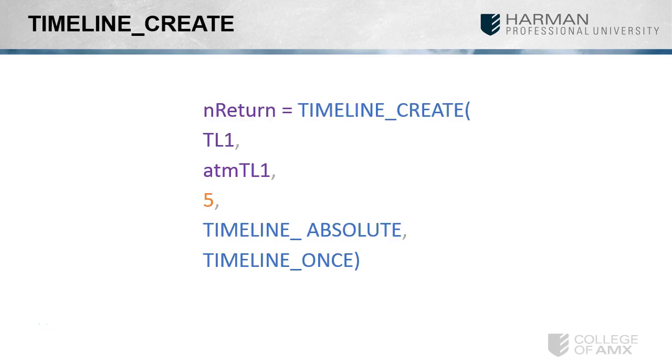The sequence of times required is passed into the timeline create function as an array of long values, with each value representing a time period in milliseconds that is either absolute from the start time of the timeline or relative to the previous time in the array.